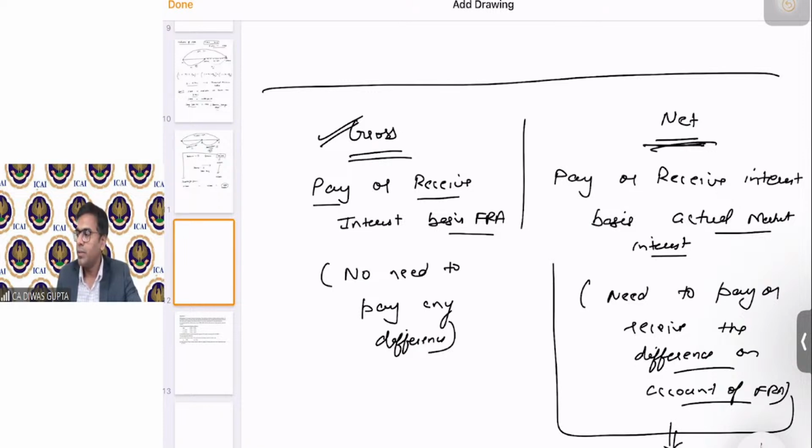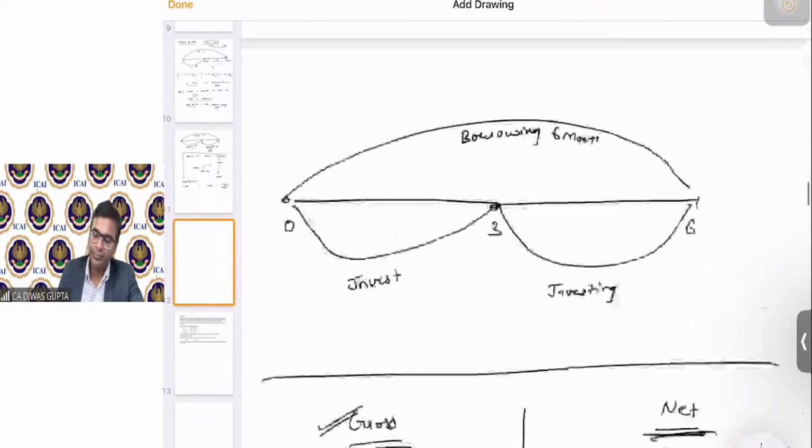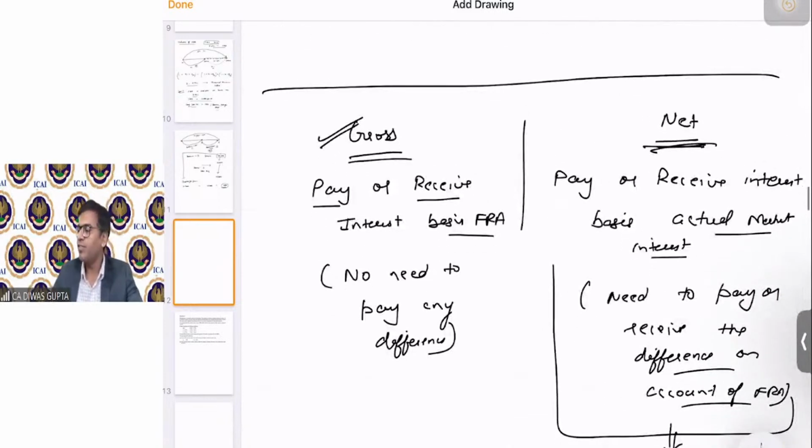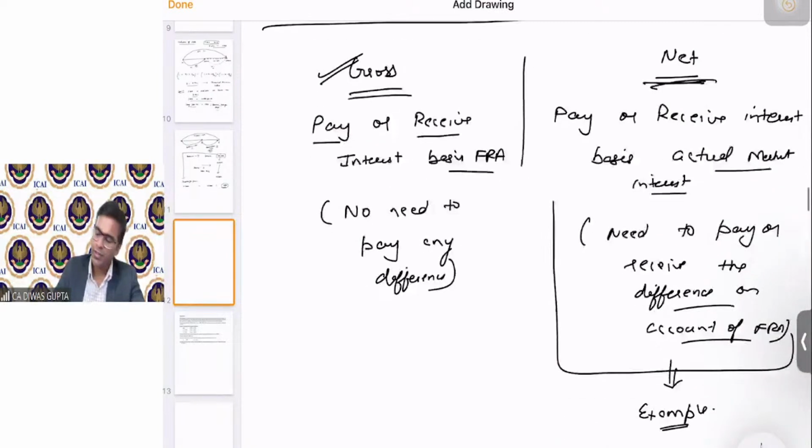Okay, students. So the valuation of FRA we have covered, students. Now we will have to move to the interest rate futures.